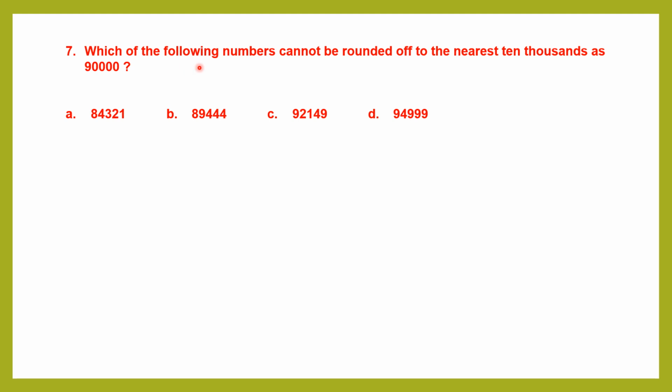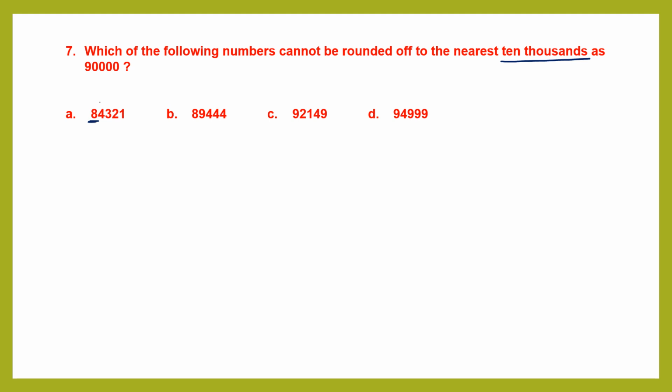Next question is, which of the following numbers cannot be rounded off to the nearest 10,000s as 90,000? So we did similar sums earlier, isn't it? So we're going to look at these and see which cannot become 90,000. That means here it says 10,000, isn't it? So we have to underline the digit in the 10,000s place. So which one is that? Ones, tens, hundreds, thousands, 10,000. That is 8 here.